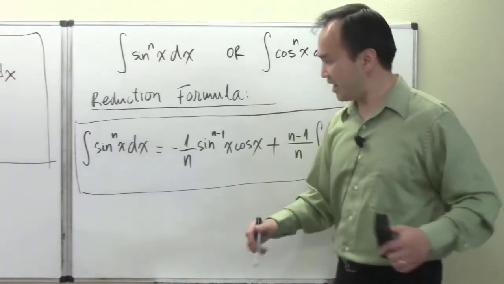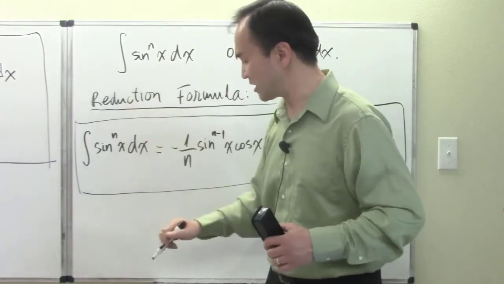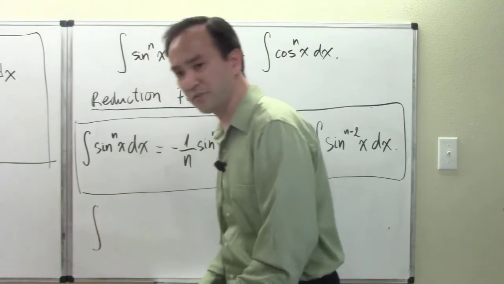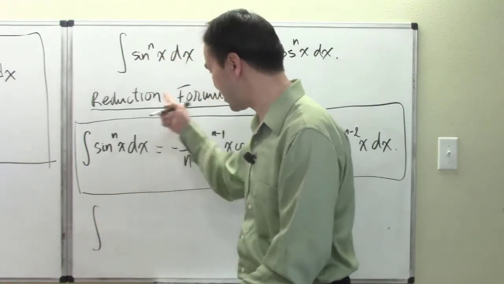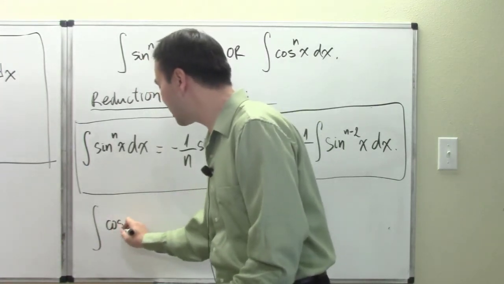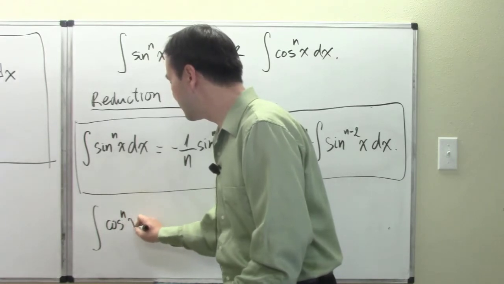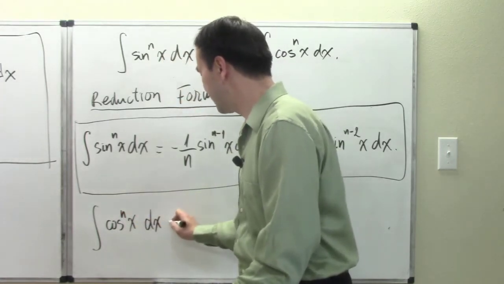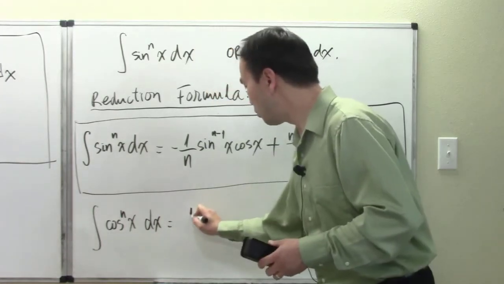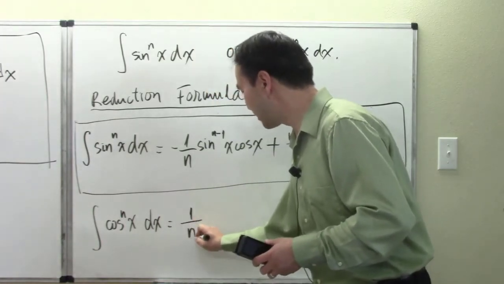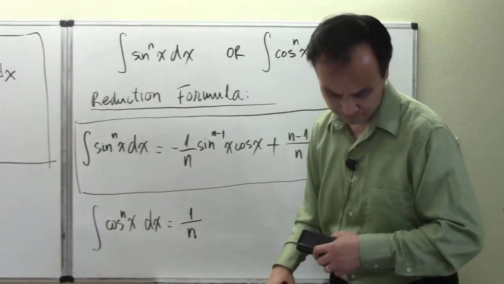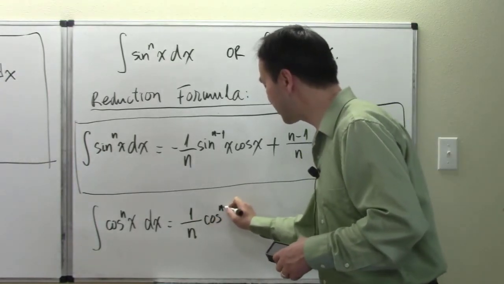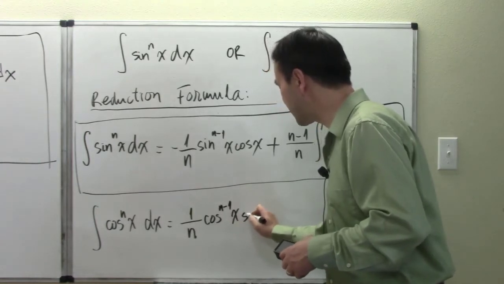So this reduction formula is for the power of sine. We also have another option, another tool, another reduction formula. The integral of cosine to the power n of x is 1 over n times cosine to the n minus 1 of x times sine of x.